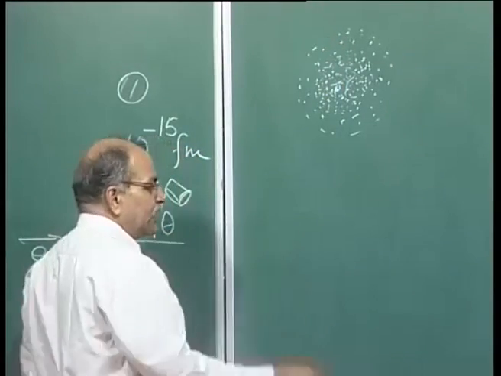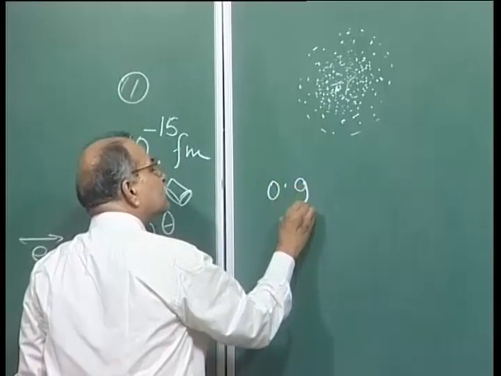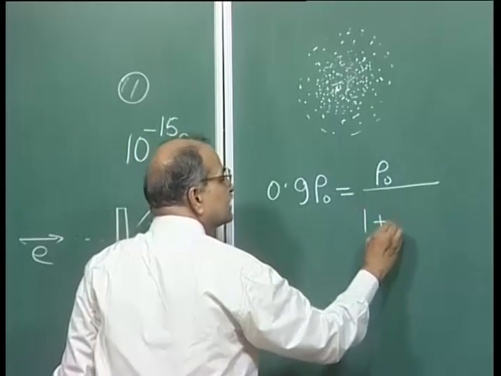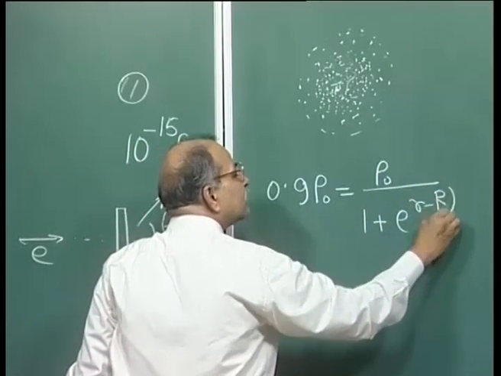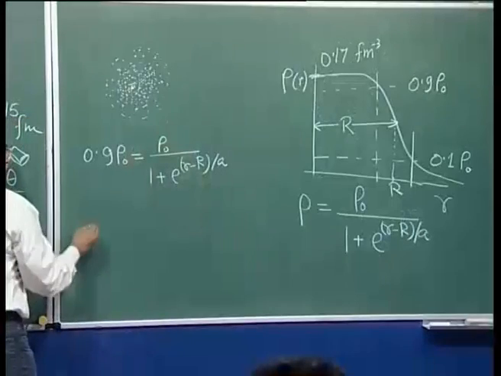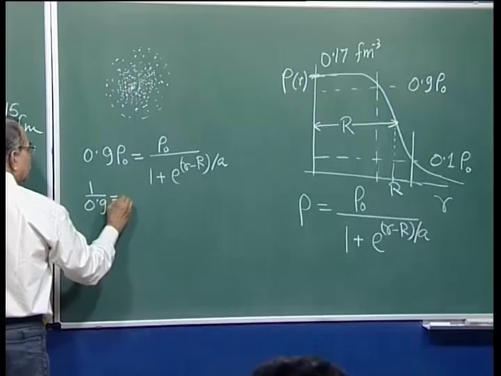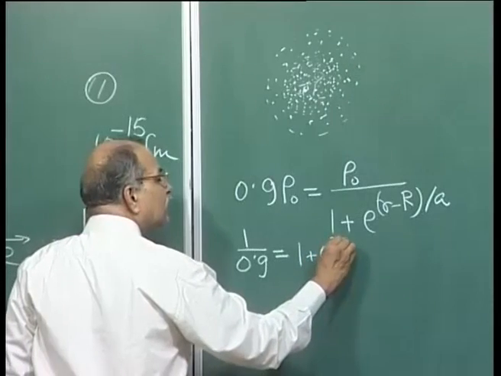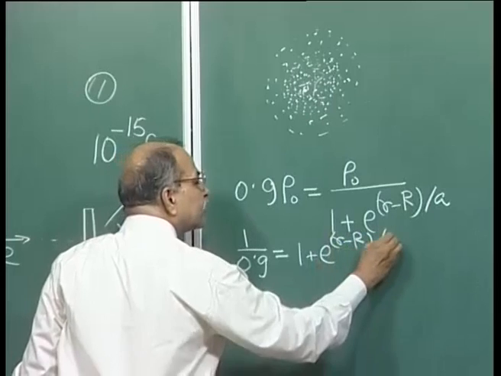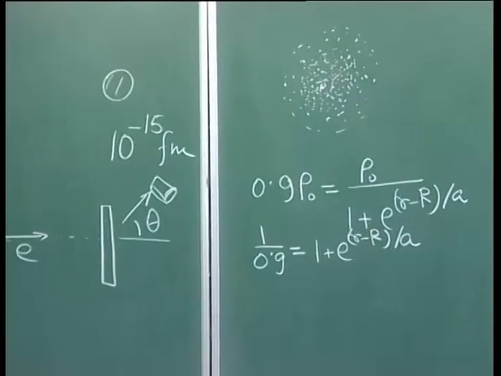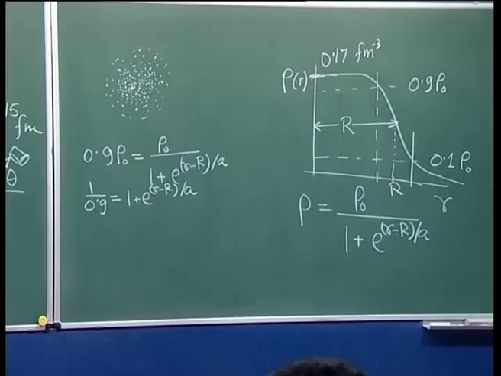One can make an easy calculation: 0.9 rho naught should be equal to rho naught divided by 1 plus e to the power (r minus capital R) by A. So, 1 by 0.9 is equal to 1 plus e to the power (r minus capital R) by A. So, how much is 1 by 0.9? Quick answer, 1.1.